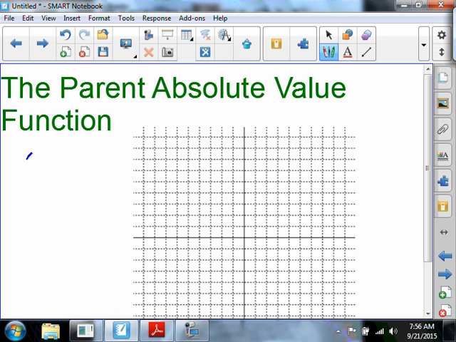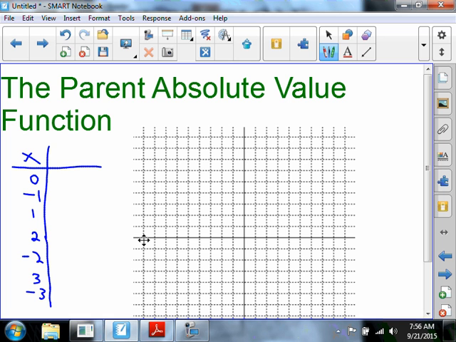And to graph it, I'm going to start with a table of values. I'm going to randomly pick some x values like 0 and -1 and +1 and 2 and -2 and 3 and -3. And to find my y value, it's of course going to be the absolute value of x.